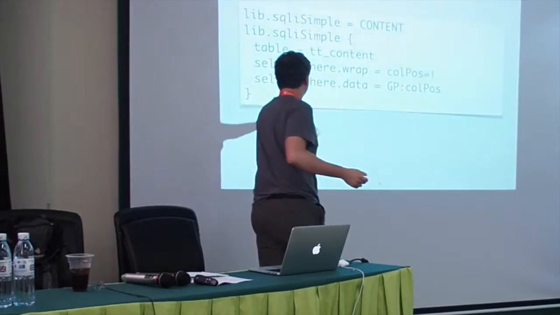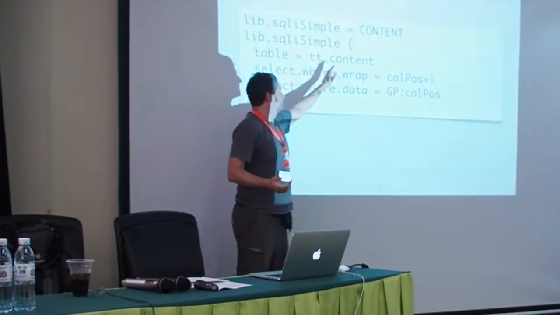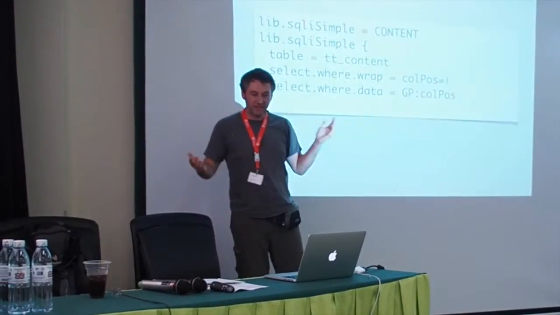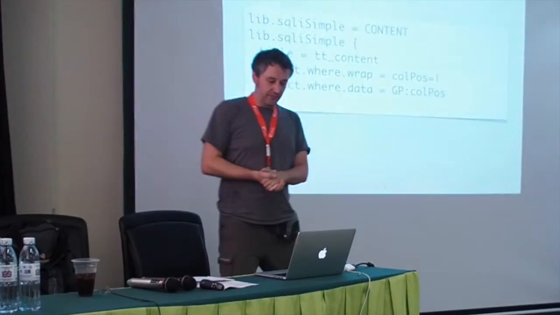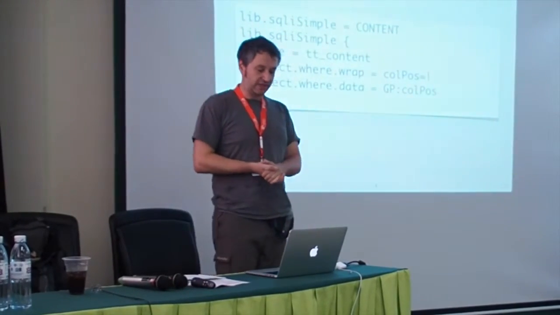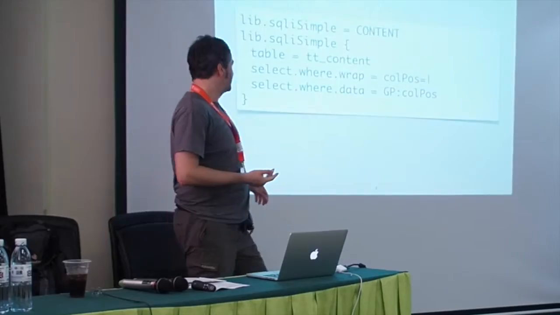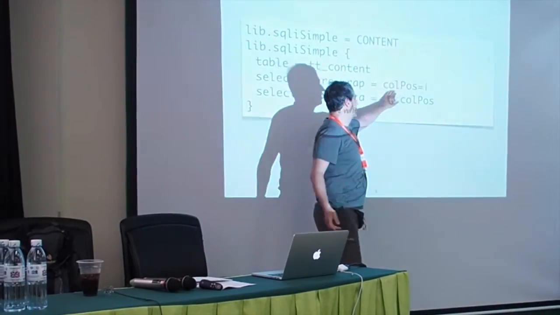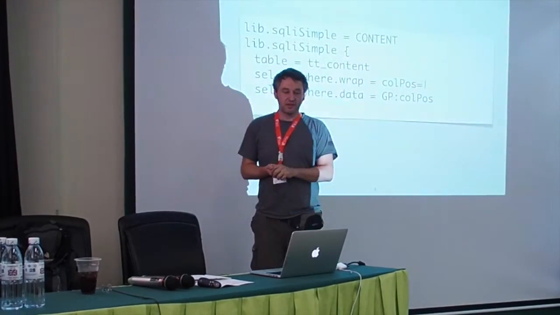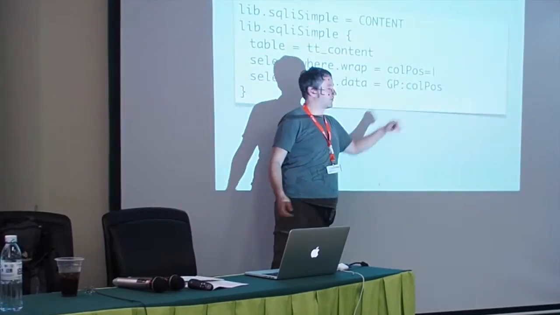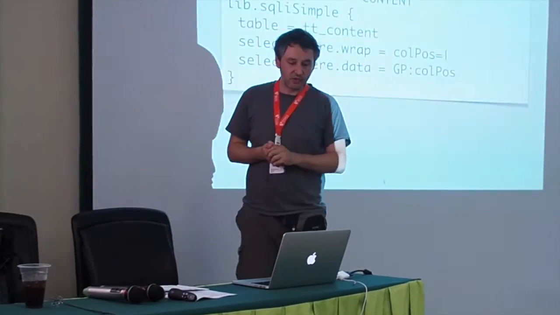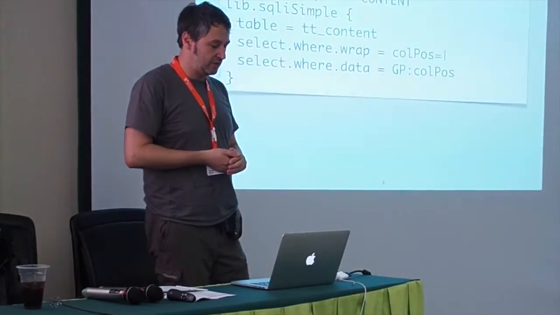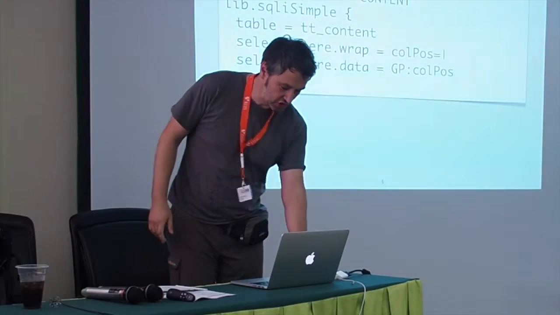So this is an example of the type of script I'm writing. I have a content cObject I use, and I implement this feature. I say call pos, please get the call pos from GP, meaning get post parameter, and this should work out.